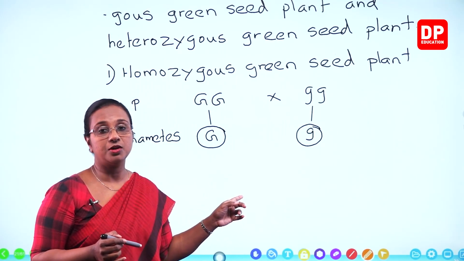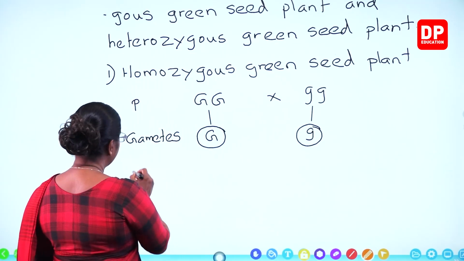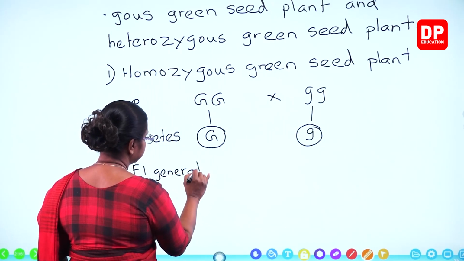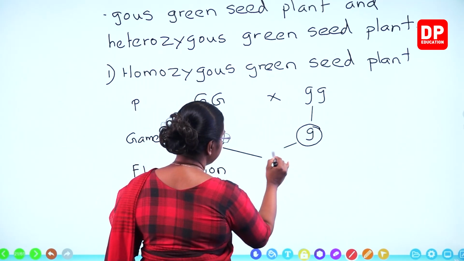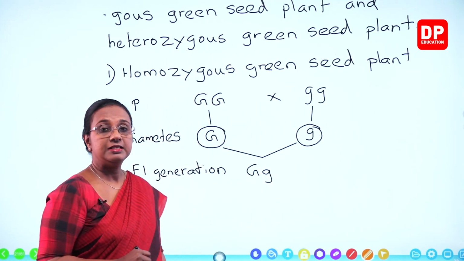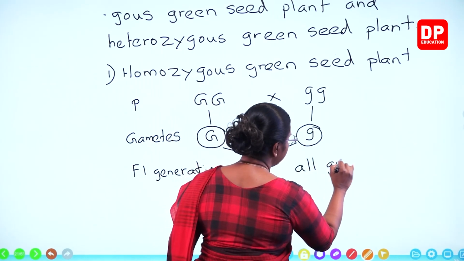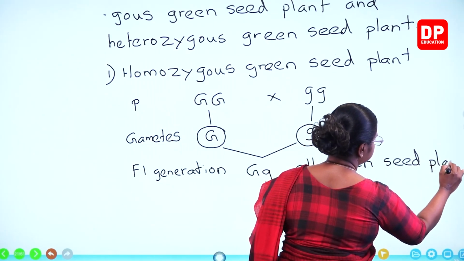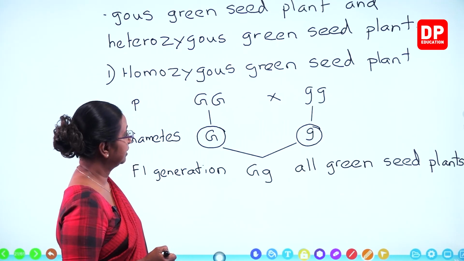You can circle it also. That is fine. You can write it without circling it as well. So then you get the F1 generation. When these two combine together, we will get capital G, simple G. All green seed plants. That is the observation you will get.